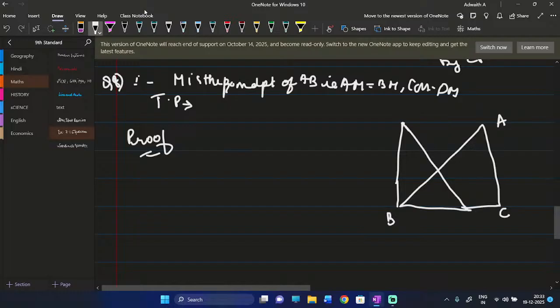Okay, A, B, C, D. Here it is given that this is equal to this. Then AM, this is the midpoint. AM is equal to here, and the triangles AMC and DBC should be proved congruent.